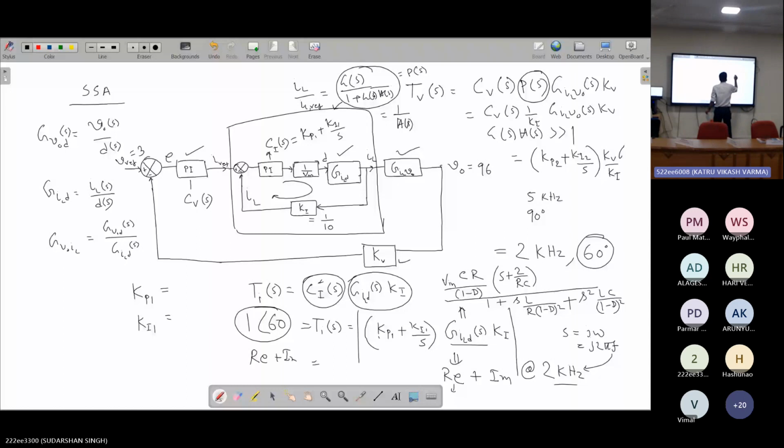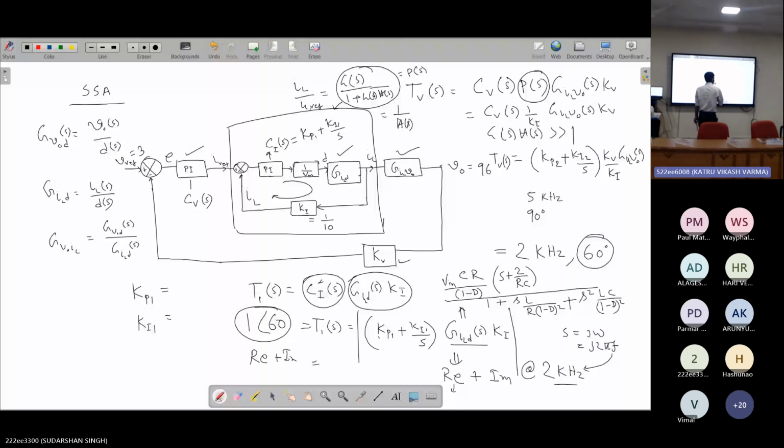Okay, this is your outer loop gain. So in the same way as we did last time, again we can specify the outer loop bandwidth and the phase margin.